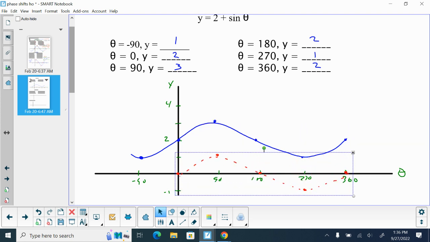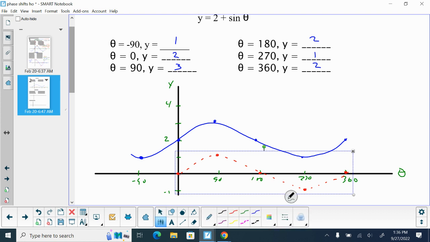Every one of our points got slid two units. So our graph of y equals sine theta, everything just gets slid up 2 units.